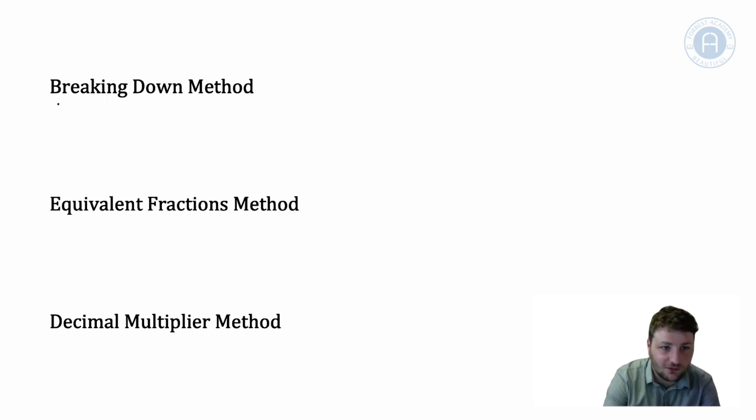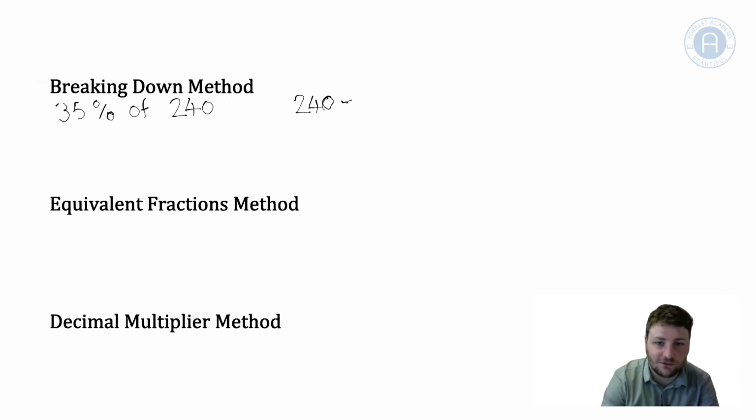So for example, if we're asked to find 35% of, say, 240, what we do is we say, well, that 240 is equal to 100%. And if we're trying to find 35%, what we can think of that 35 as is 5% and 3 lots of 10%.